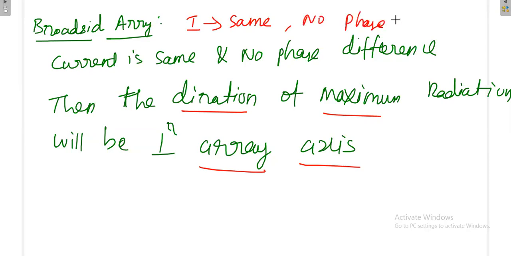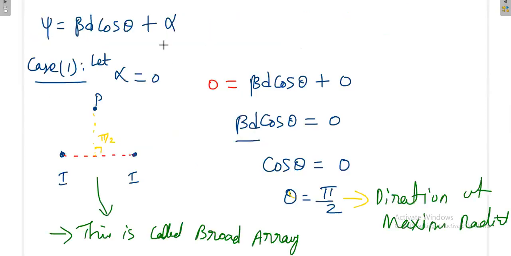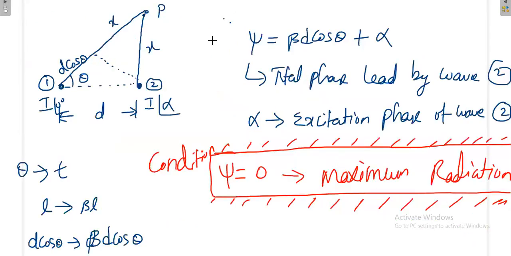So when you have two antennas, you are feeding the same current to both, and you are not changing the excitation phase. That is alpha equal to 0. But you cannot have control over the other phase, because definitely there will be a delay between these two waves, and this portion will be introduced.